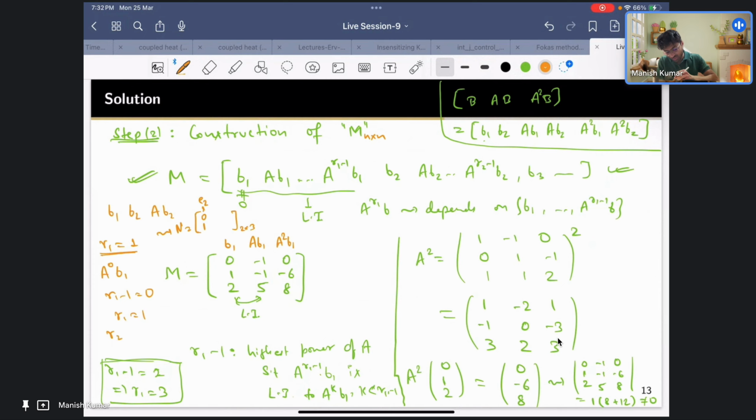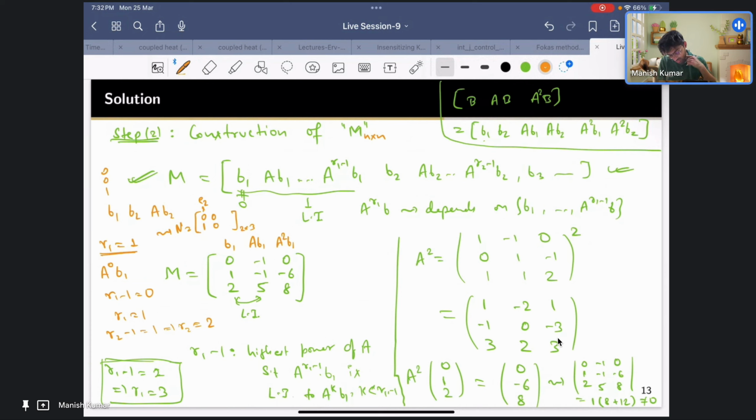If I compute, R2 minus 1 is 1, which implies R2 is 2, right? So in the second column I'll put E3, which is 0, 0, 1, so I'll get 0, 0, this kind of thing.